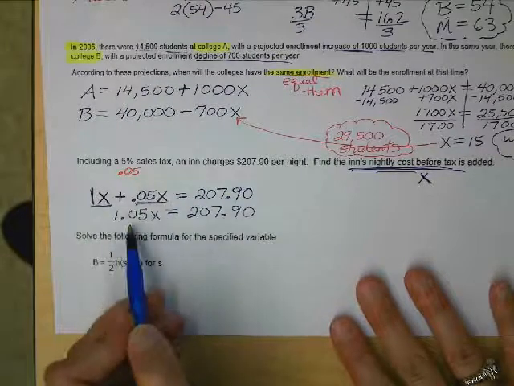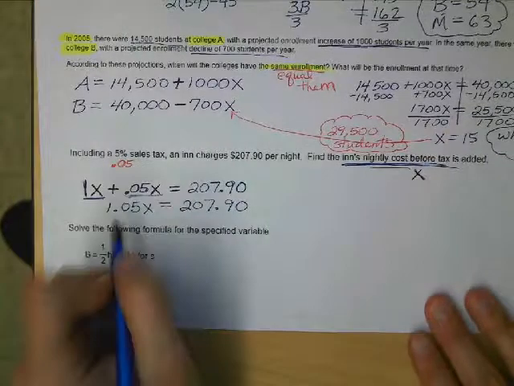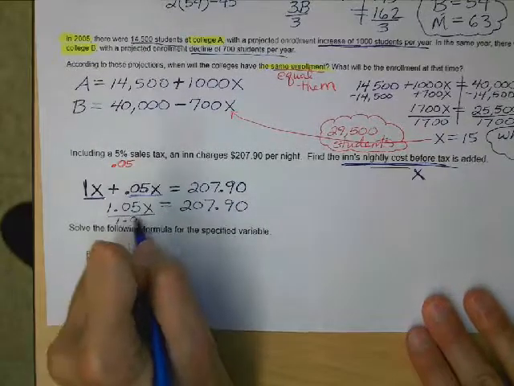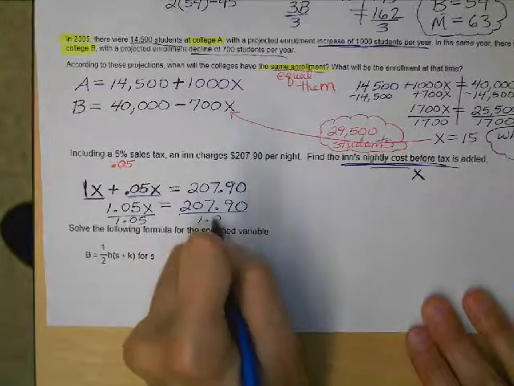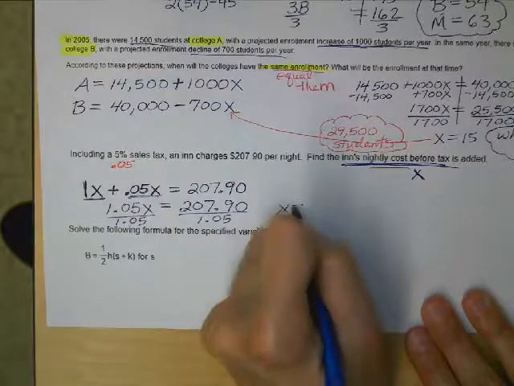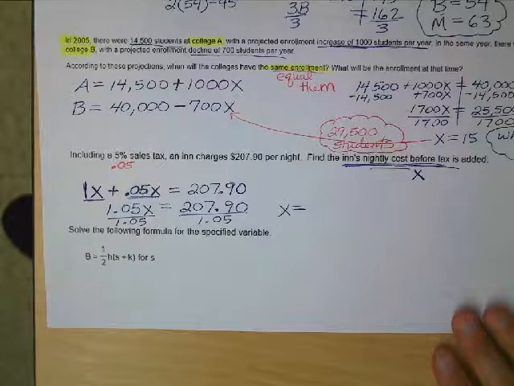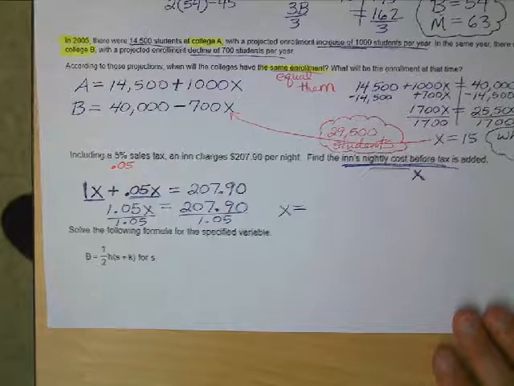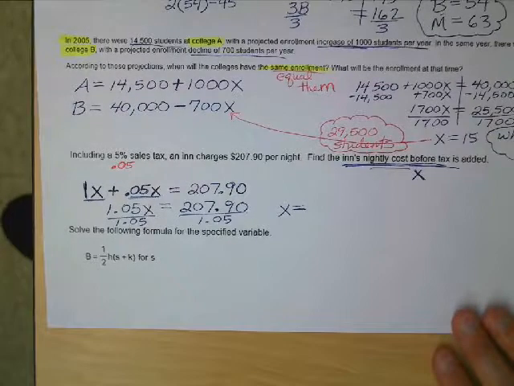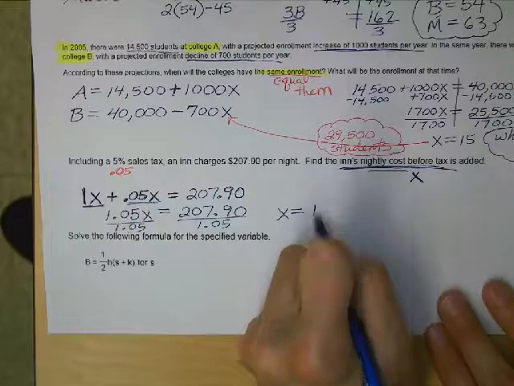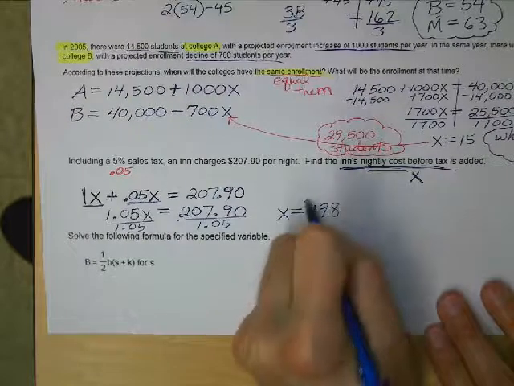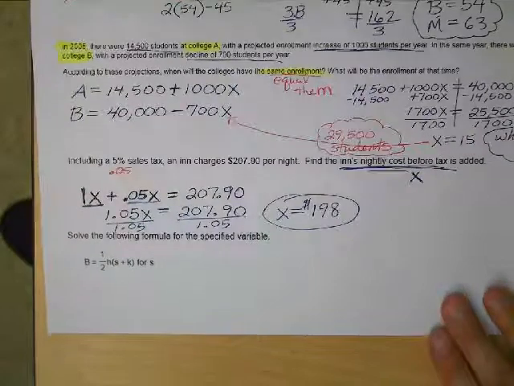You add it up, 1.05. Now you divide by 1.05, and you'll get the actual x, the cost of the hotel before they added the tax. So 207.9 divided by 1.05 is 198. So the hotel was $198 before they added the tax.